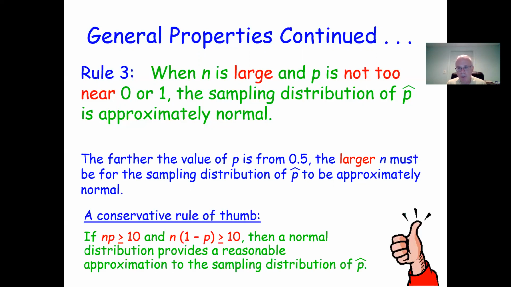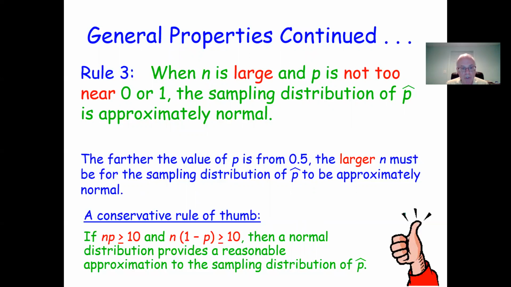Now, this is the rule that you will be using in this class. It's this rule of thumb. This is like the central limit theorem for proportions. Remember, the central limit theorem for sample means said that when the sample size was at least 30, it didn't matter what the population distribution looked like, you would say the sampling distribution is approximately normal. But we don't use n greater than or equal to 30 in the case of proportions.